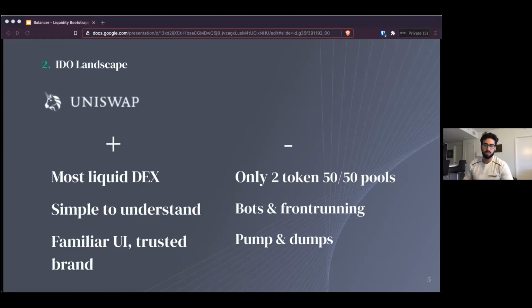Not only is there an incentive to front run, use bots and pay very high gas fees on Ethereum to get your order in before everyone else, which creates this whole gas war that's not even supposed to be part of the process.